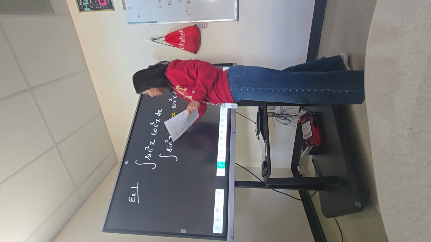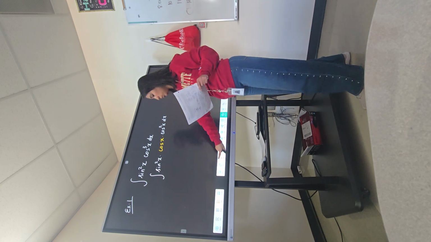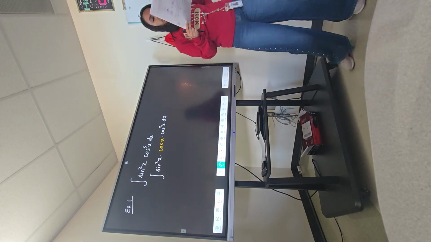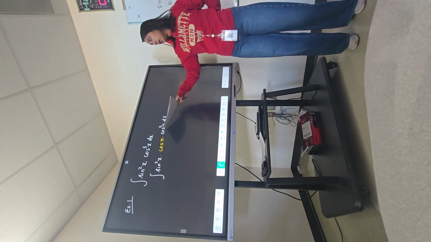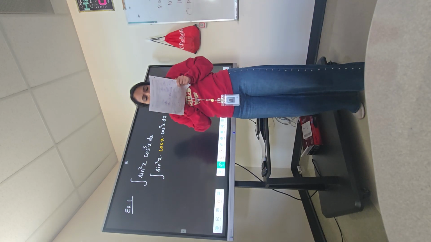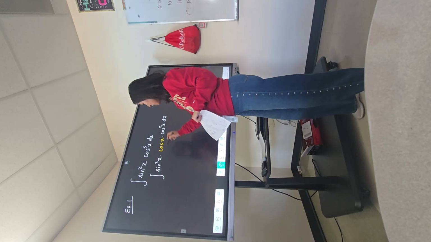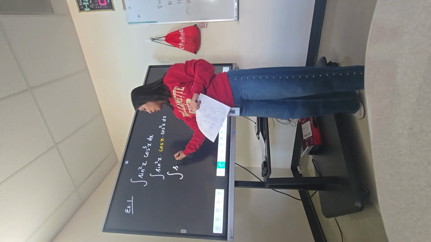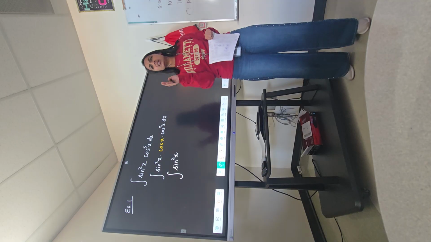Now, what we could do is substitute. We're going to do u sub here, by the way. And then we're going to rewrite our cosine squared x. It says factor out 1 cosine x, use the identity cosine squared x equals 1 minus sine squared x. Where is that 1 minus sine squared x coming from? What identity is that?